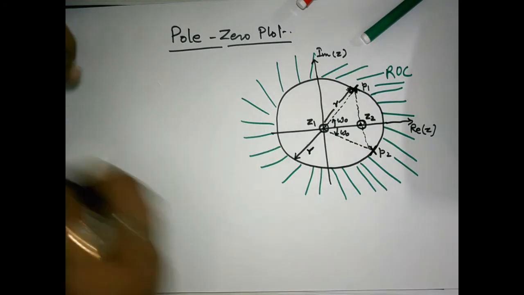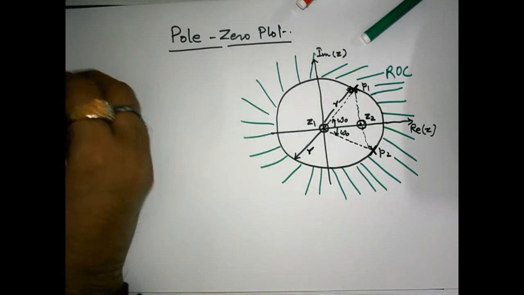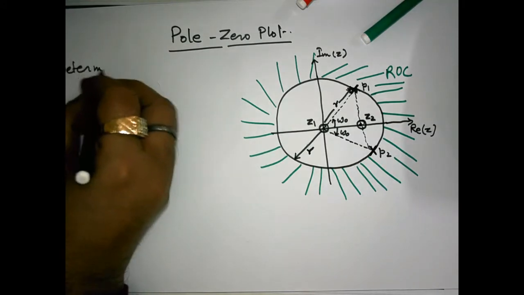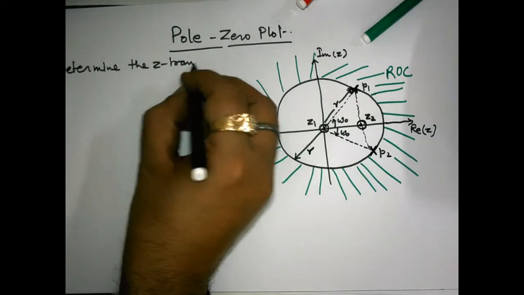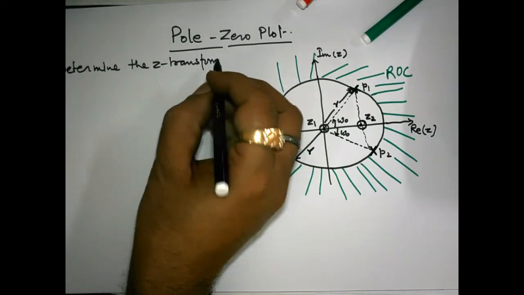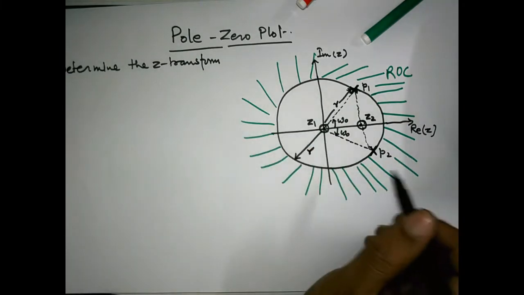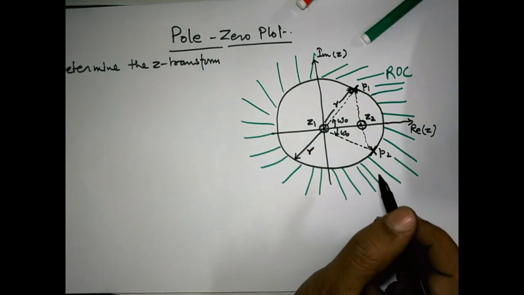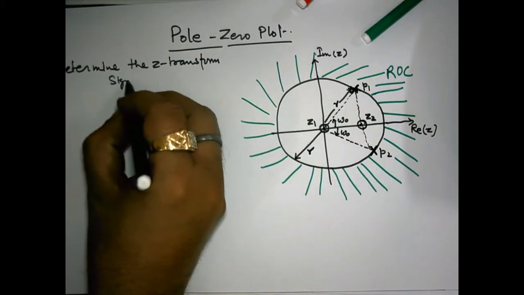So, our goal is to determine the Z transform that corresponds to this given pole-zero plot, and then we have to determine the signal itself.